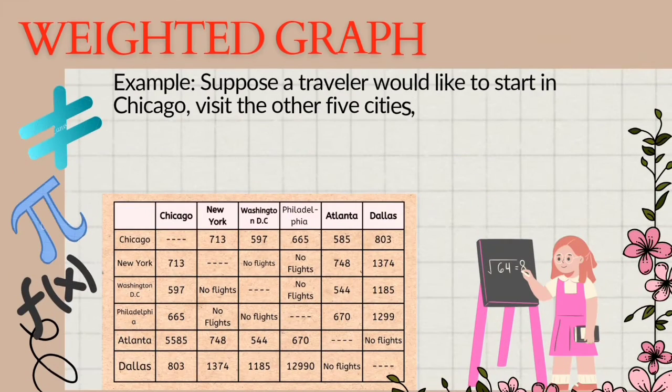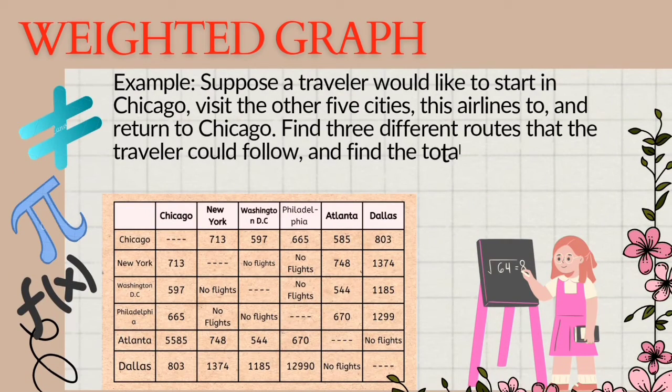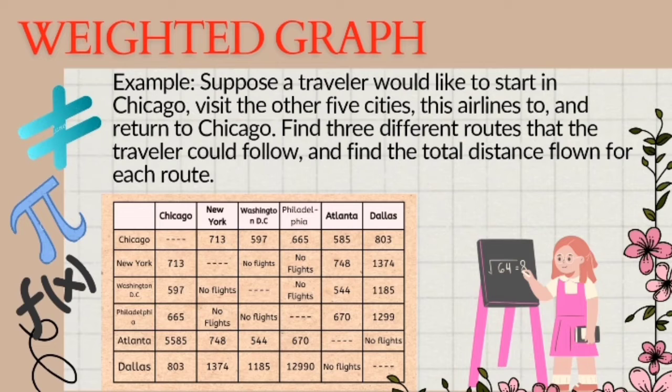Now let's take this example to understand how the weighted graph works. Suppose a traveler would like to start in Chicago, visit the other 5 cities that the airline flies to, and return to Chicago. Find 3 different routes that the traveler could follow, and find the total distance flown for each route.